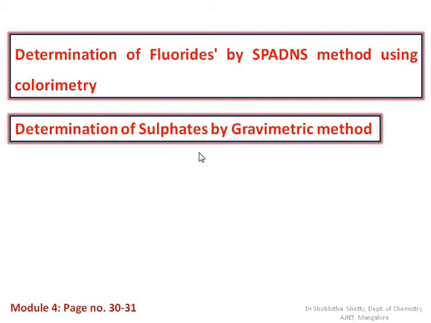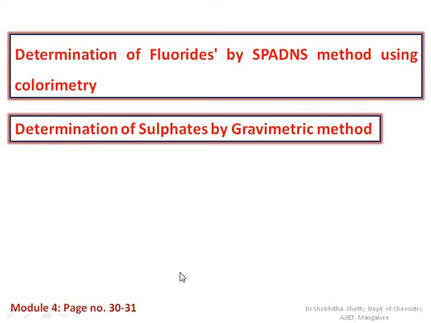Here the gravimetric method is a method in which the amount of the analyte in the sample is determined by converting the analyte into some other product form, then measuring the amount of product form in a standard manner.